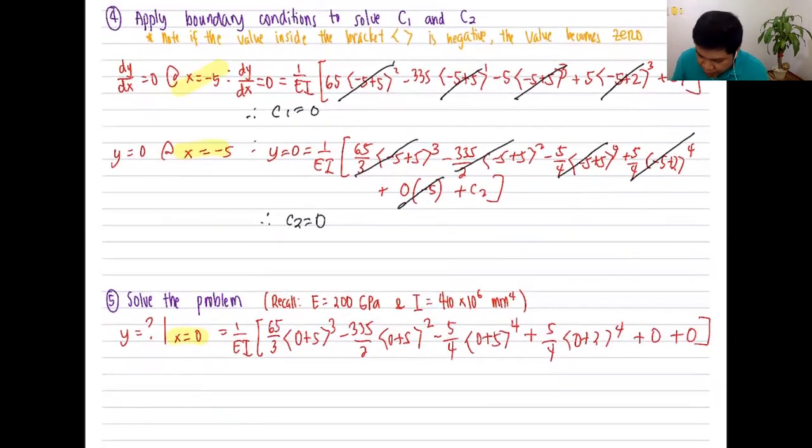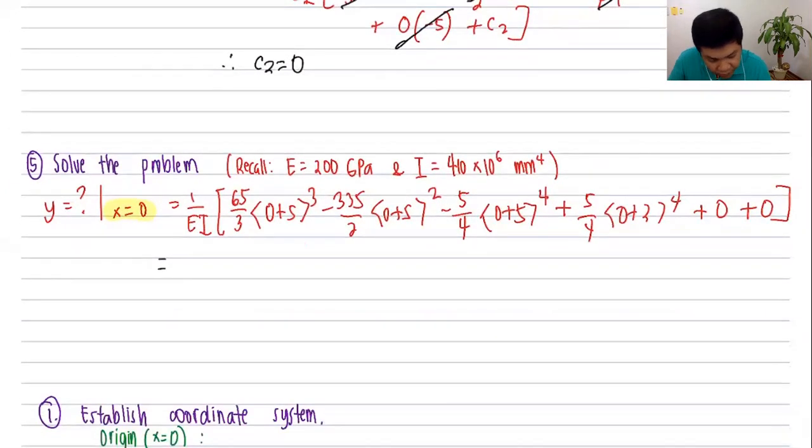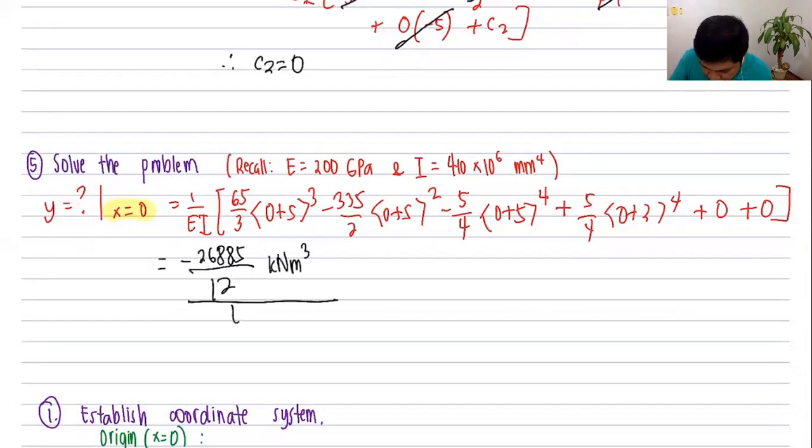Okay? Therefore, if I evaluate this one, this is still equivalent to negative 26885 all over 12, kilonewton meter cube all over EI.